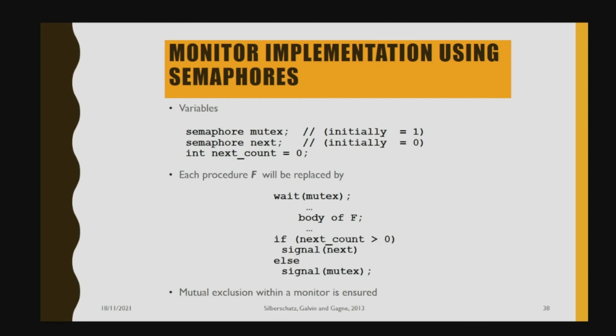So each procedure F will be replaced by, for example here, wait(mutex), and then the body of F, and then we have the condition if next_count is bigger than 0, signal(next), else signal(mutex). So mutual exclusion within the monitor is ensured.